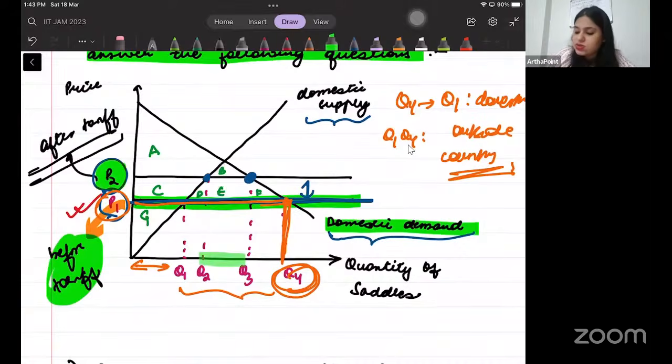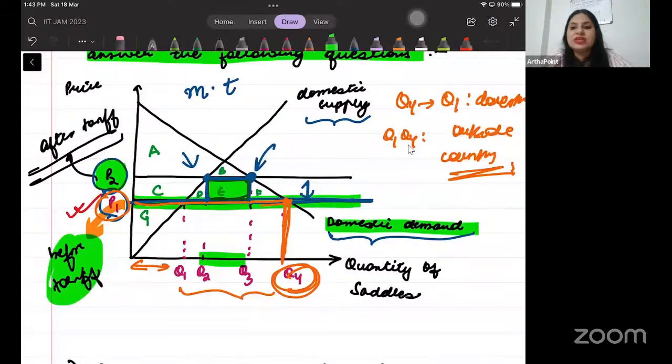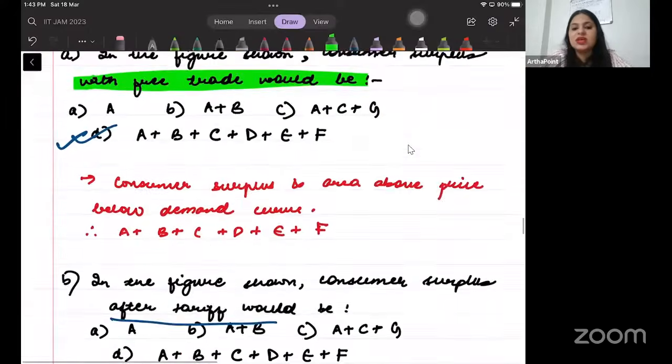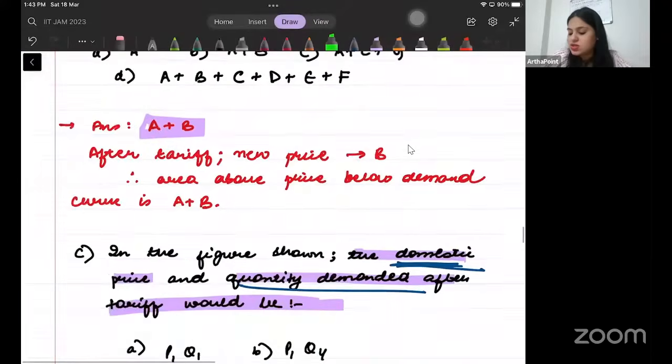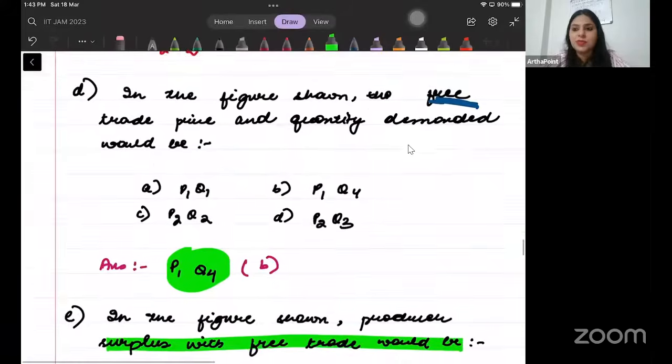This was demand at price P2, and this was supply at price P2. So these are the imports, and tax paid is this much. Import tariff is the quantity imported times the tax paid per unit. So the tariff in this case is going to be E. So the answer to this question is E.